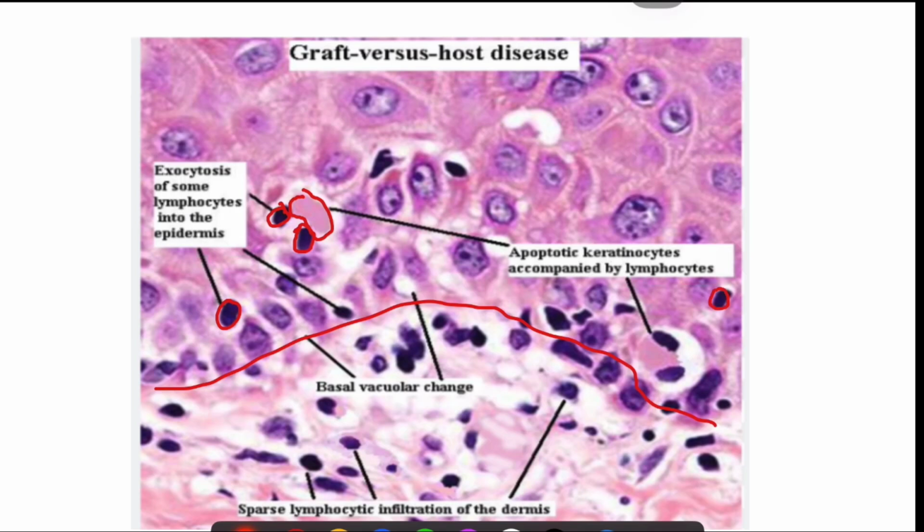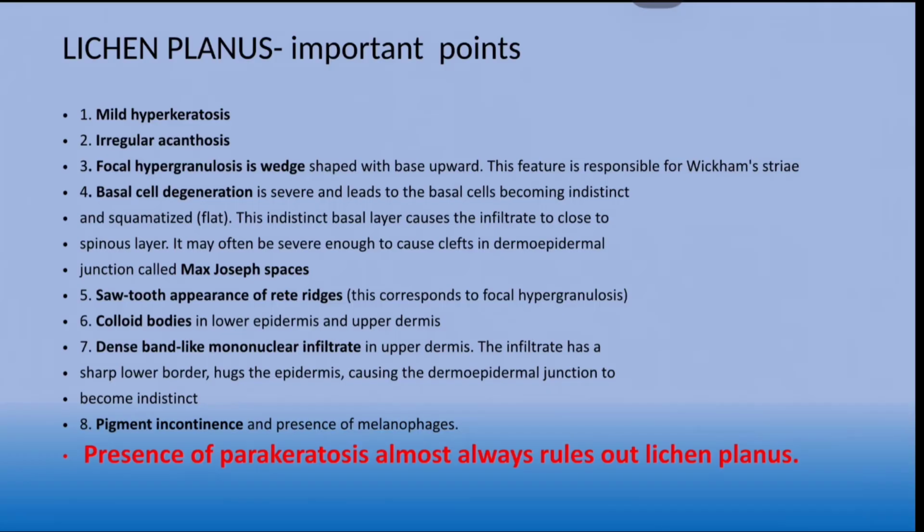This is called exocytosis, and these are lymphocytes accompanying an apoptotic body. And basal cell vacuolization and some lymphocytic infiltrate you can identify in the dermis. So this is a section showing graft versus host disease.